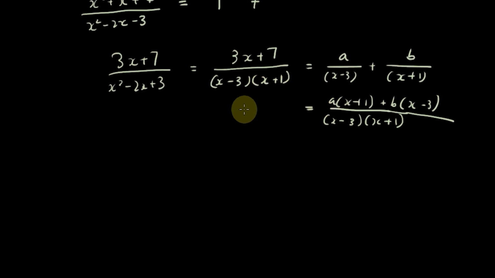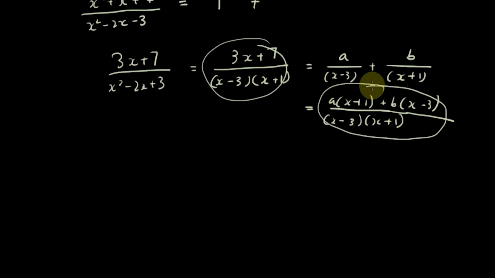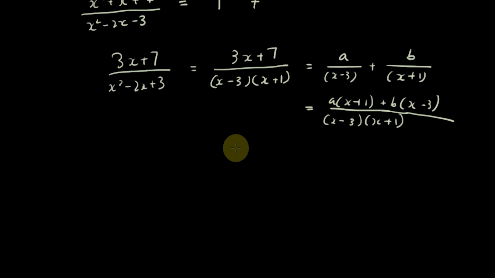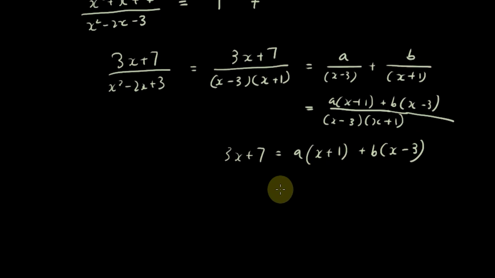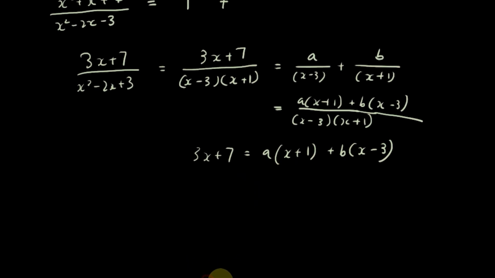So now this fraction and this fraction are meant to be equal. So since the bottom is equal, the top must be equal. 3x plus 7 equals a x plus 1 plus b x minus 3. Okay, so how would I continue from that point?